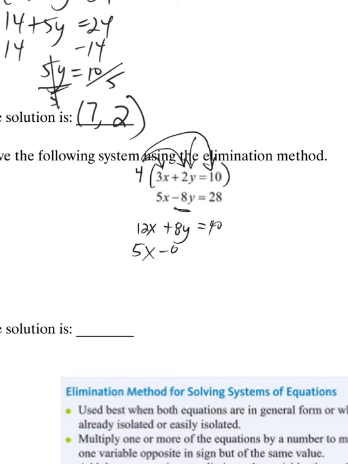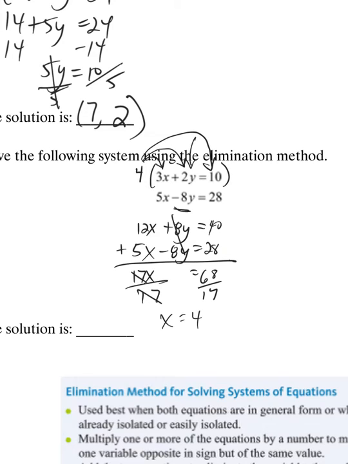My second equation, I'm just going to keep the way it was and bring it down. Then I'm going to combine things. I have 17x, my y is canceled, equals 68. If I divide by 17, this is going to give me, I believe, 4. Yep, definitely. x equals 4.